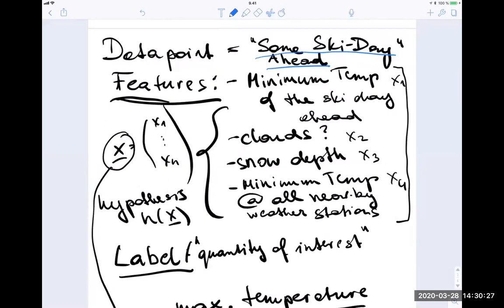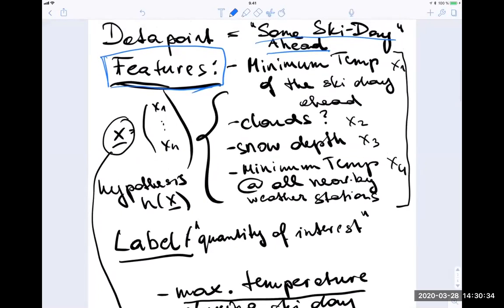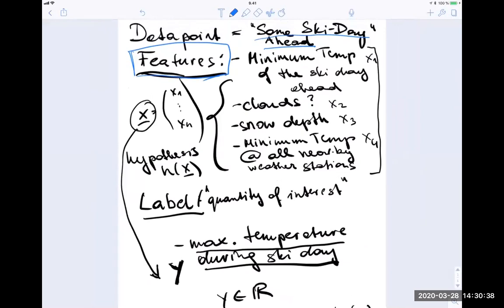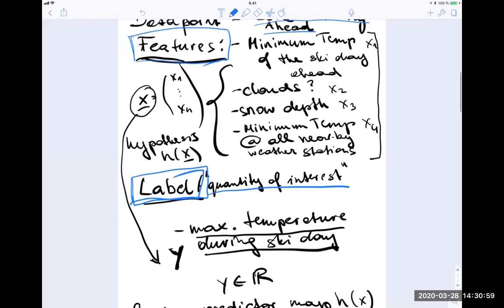Each data point is characterized by features, which are any measurements that you can obtain easily for a data point. The data point is also often characterized by some quantity of interest, which we call label. This is the characteristic we would like to know, which we typically cannot determine easily. That's why we develop a machine learning method to predict the label, to get an educated guess what could be this quantity of interest or label of a data point.